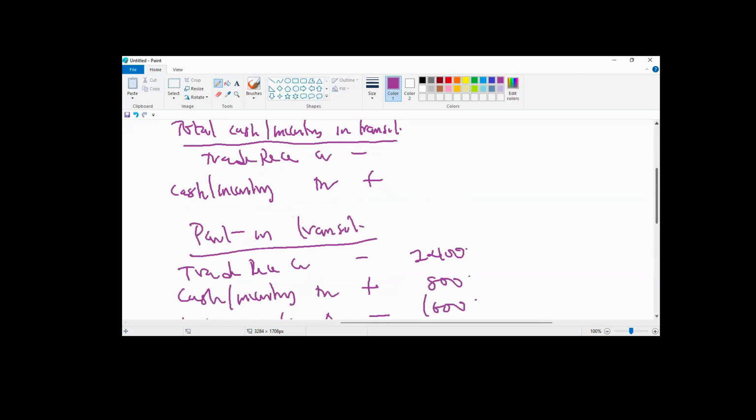The total cash that you bring in, we will debit. Then the last one, part in transit, not your total, it is part.